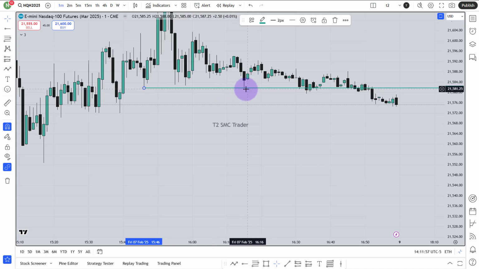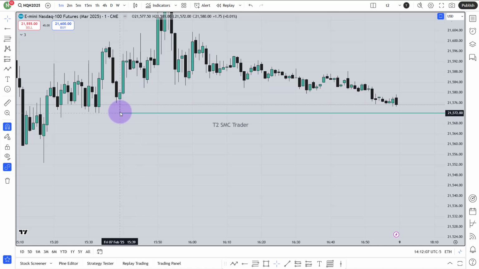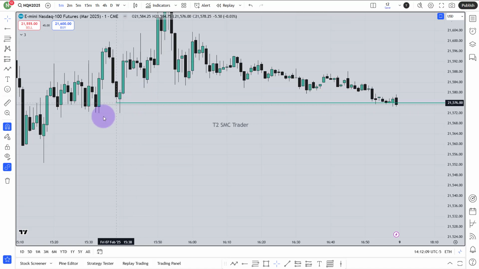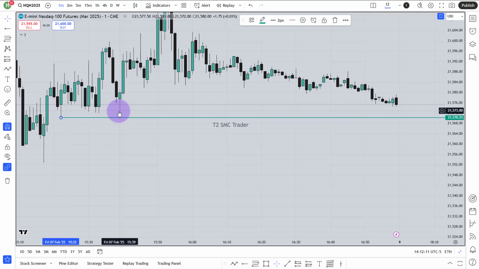This is clean lows, that is a different matter, I'll cover that as well. This is clean lows but not the relatively equal lows. It is not enough for me to mark the relatively equal lows. Same thing over here, if I mark this low and that low, this is a swing low but that is not a swing low, so I'm not interested to mark this as my liquidity level.